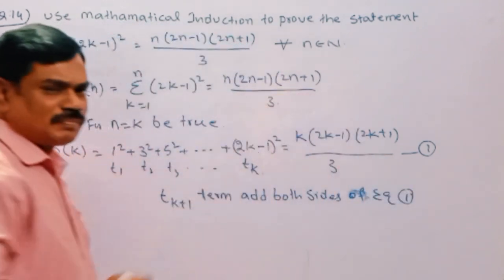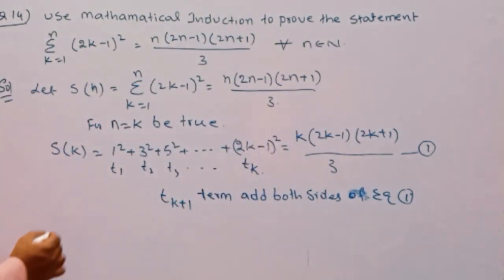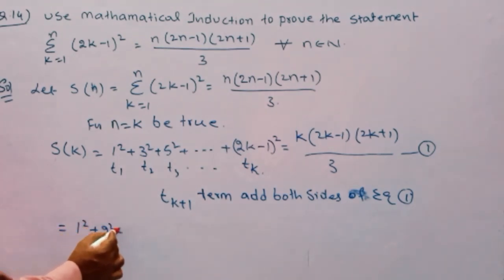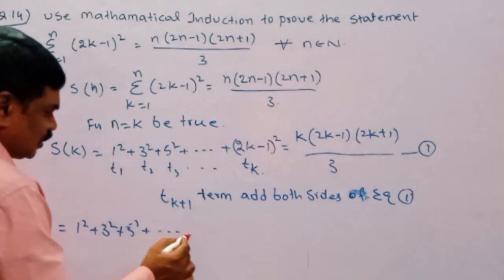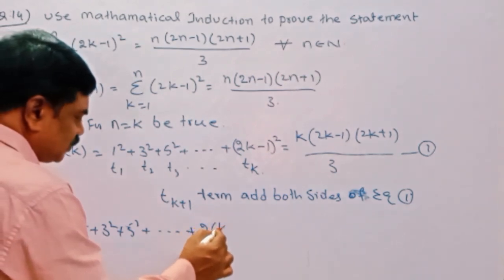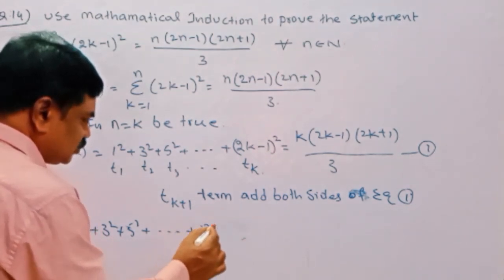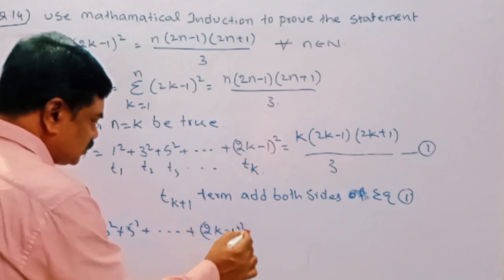This can be written as 1 square plus 3 square plus 5 square, odd numbers, plus (2k minus 1) whole square.